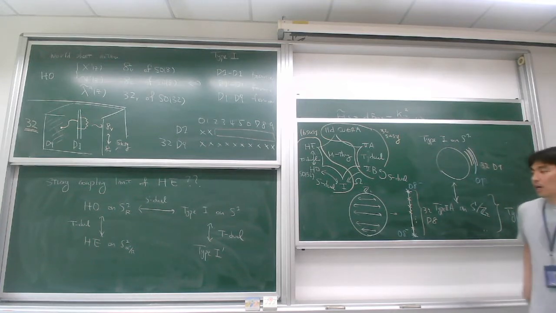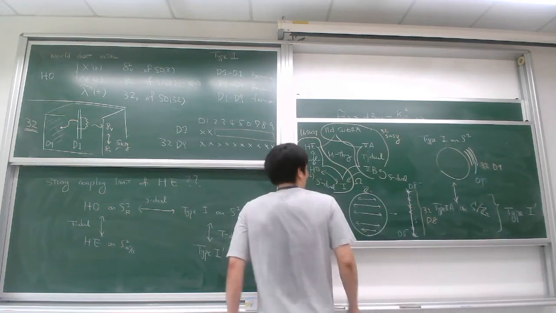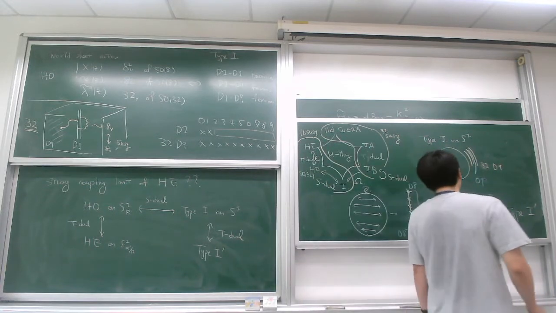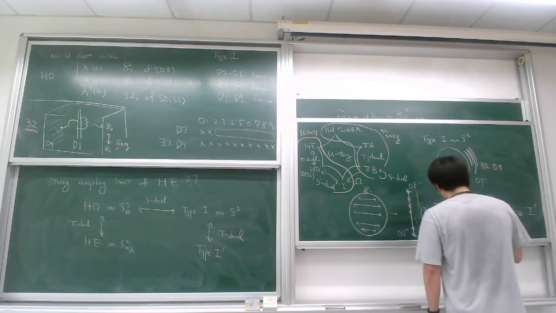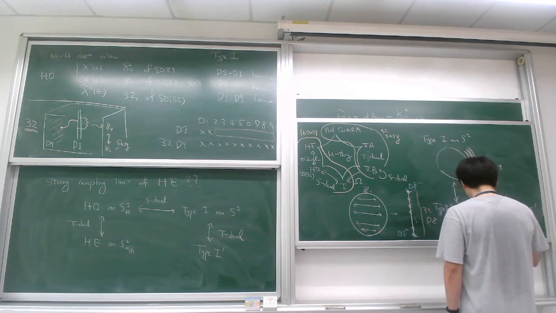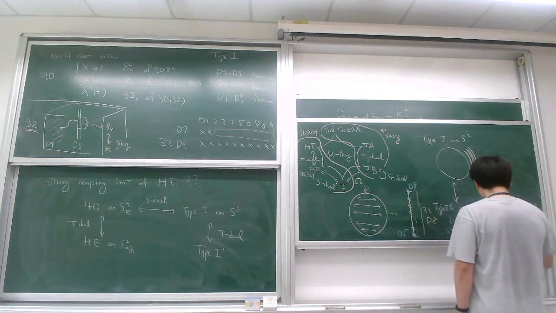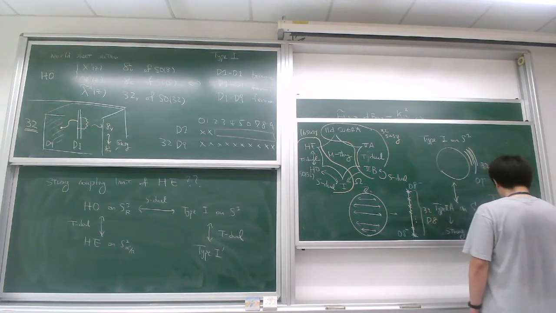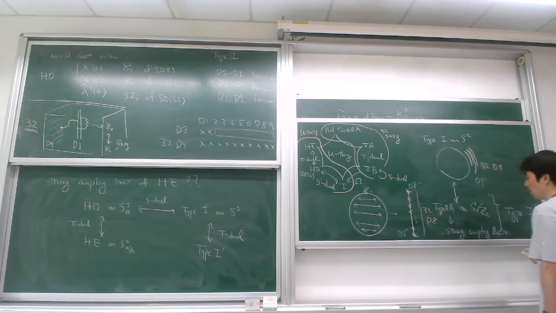And then we know type 2A, if you take the stronger coupling limit, becomes M theory.